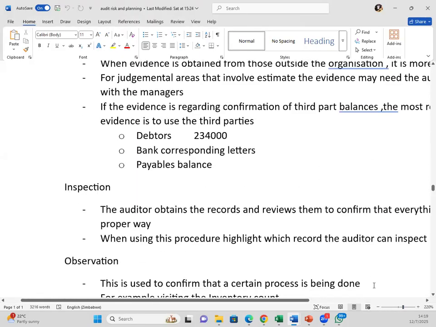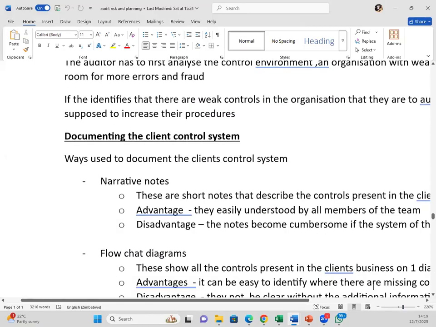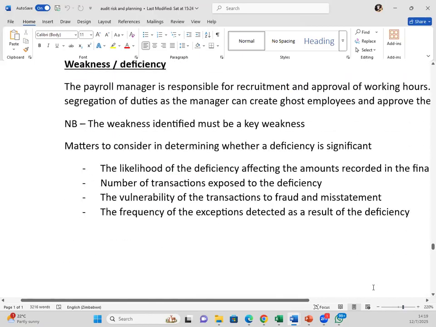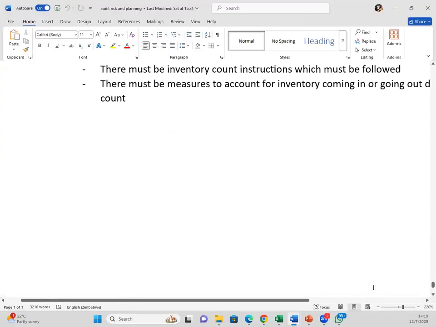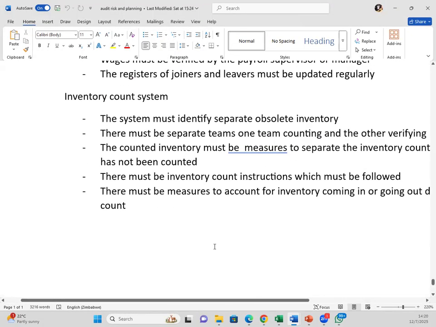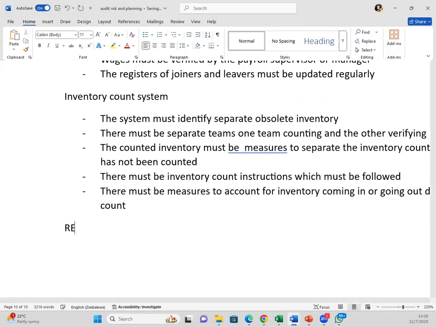Okay, so today is revision. In our previous session, we did look at the systems. Today we're just looking at some of the questions on controls.